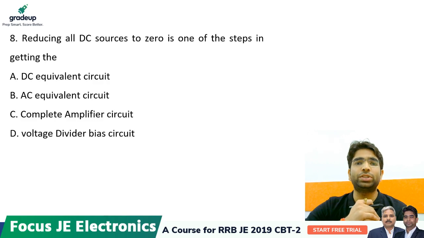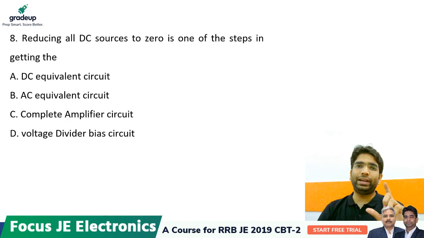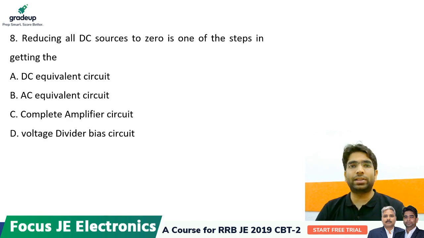Reduce all DC sources to zero, which step is this? You reduce all the DC sources to zero, or replace them with their internal resistance, when you are analyzing the AC equivalent model.